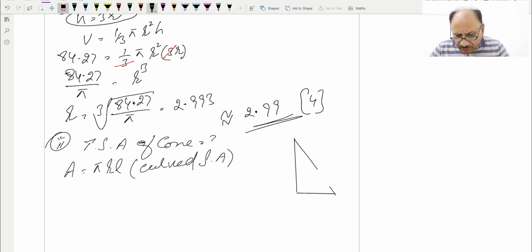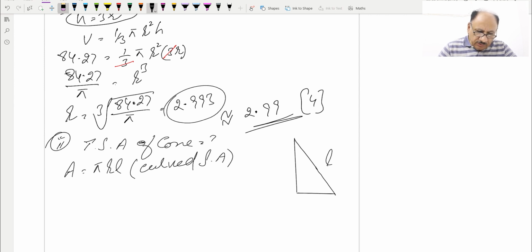So we can write this side is L, this side is the radius, which we have calculated over here, 2.993 I'm taking, and this side, which is 3r, this is r. So height you know is 3r. So this height we can take 3 into 2.993, and now we can apply Pythagoras theorem.